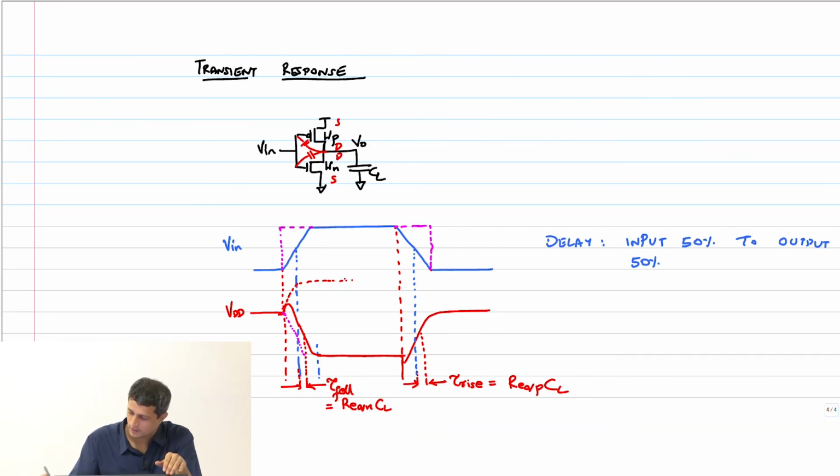So see, what I said was, when we did that 0.693 derivation, the assumption was V in went from 0 to VDD instantaneously. Now you leave all this output rising and all that, forget all that. Output will now fall like this, right?